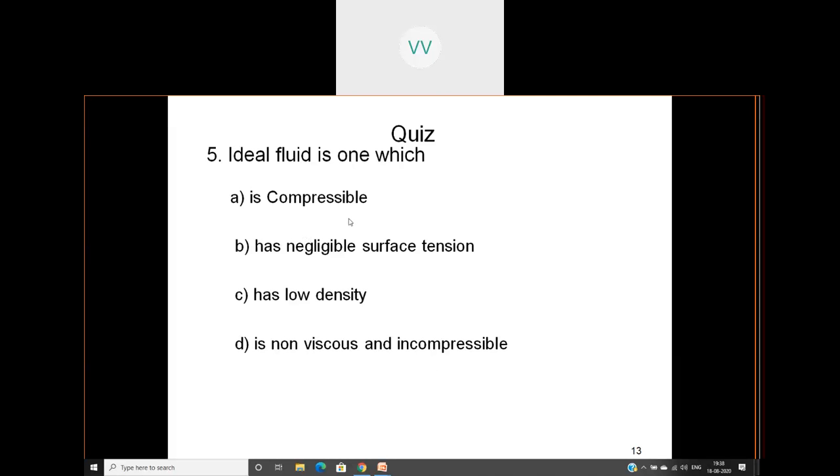Is it possible to have negligible surface tension? No. Low density is possible. So an ideal fluid is a concept which is imaginary and not practically possible. So this is the right answer.